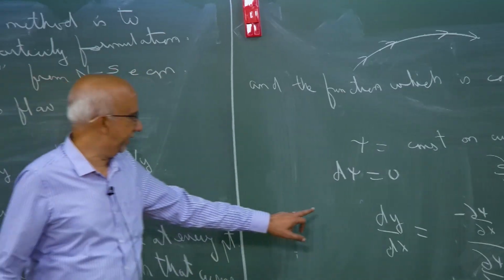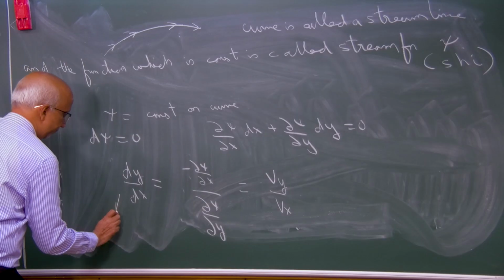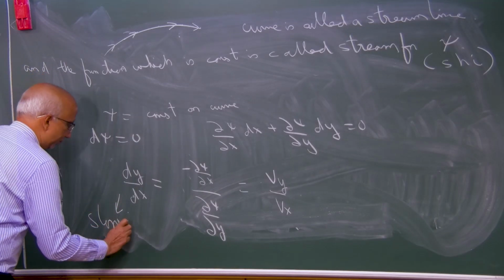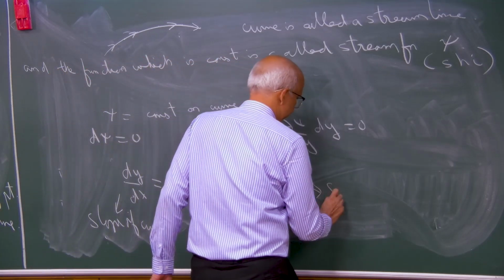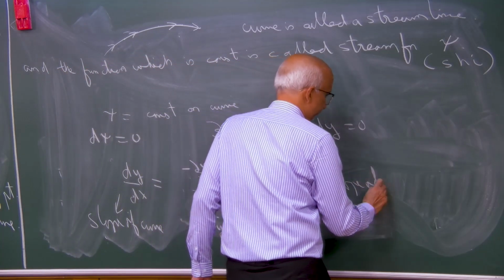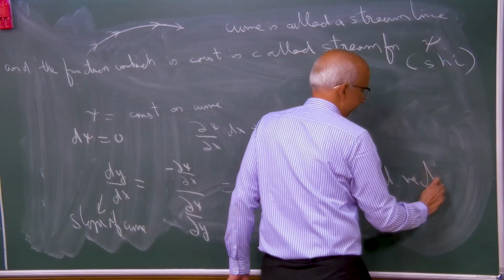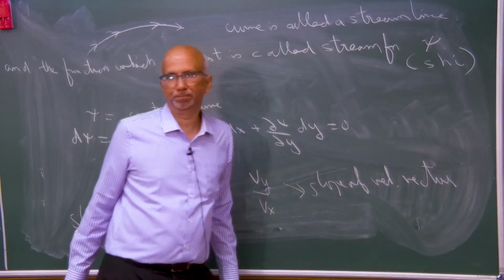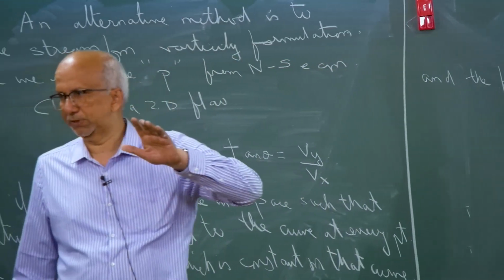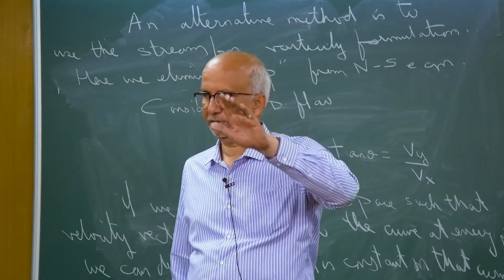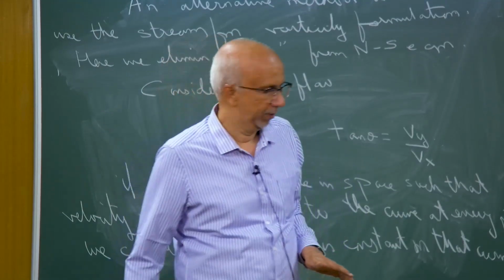So, dy by dx is the slope of the curve, and this is the slope of the velocity vector, because they are tangential, they are parallel to each other. The slope of the curve and the slope of the velocity vector have to be the same. And this is what I get.